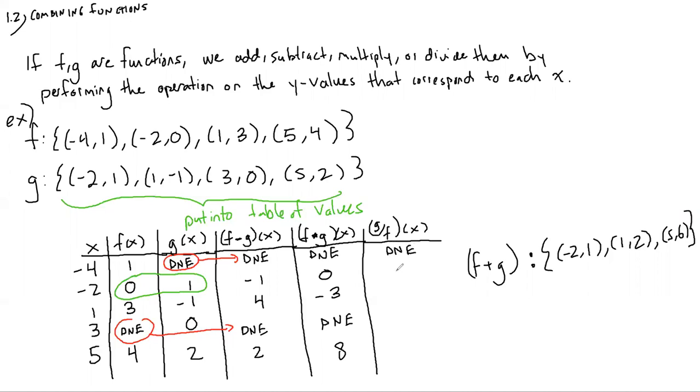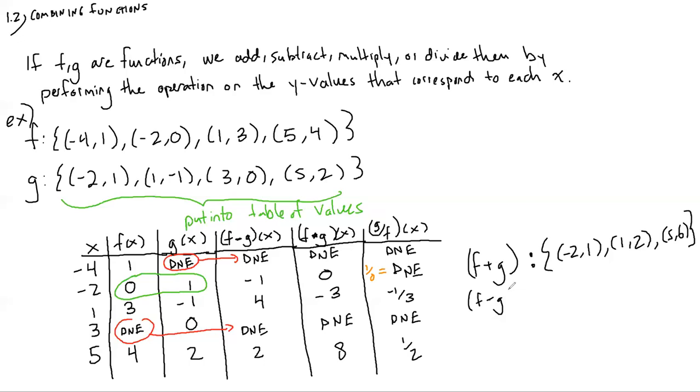Now 1 divided by 0, that's also a problem, right? That's not defined, so I'm going to write does not exist there. And then the rest of them, I'll have a -1/3, does not exist, and 2 divided by 4 will be 1/2. So I could actually write out the remaining list here.